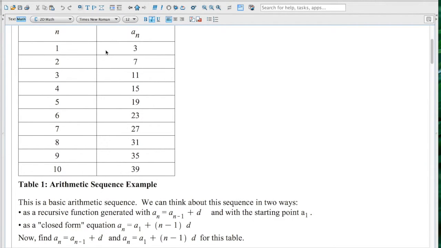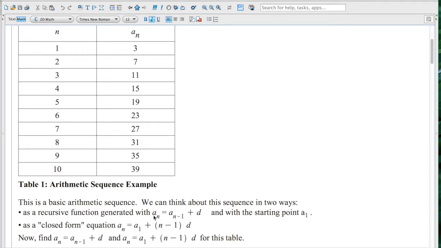So here we have a recursive sequence that's arithmetic. On the left, you see the index, and on the right, you see the sequence itself. So we can use two different types of equations to define the arithmetic sequence. The first one, I have the cursor over here.